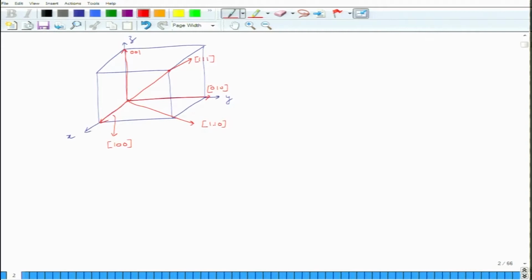Okay. If you consider this direction, 1 1 0. Now in direction also you have a concept of negative. So let us say if I want to draw 1 bar 1 0, then again I need to shift the origin appropriately. So I can see that my one translation along y axis requires me to shift the origin in such a fashion so that I am able to move along negative y axis.